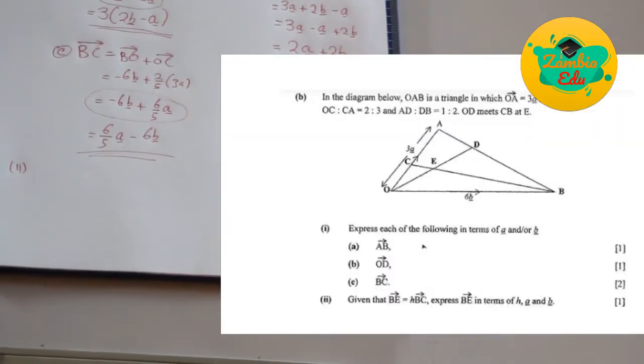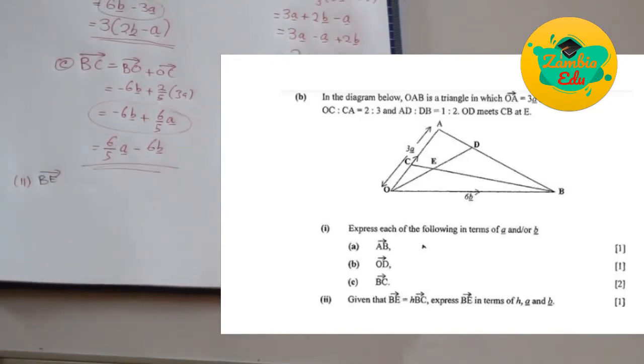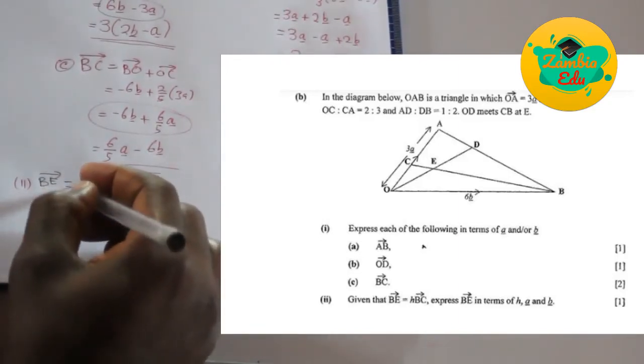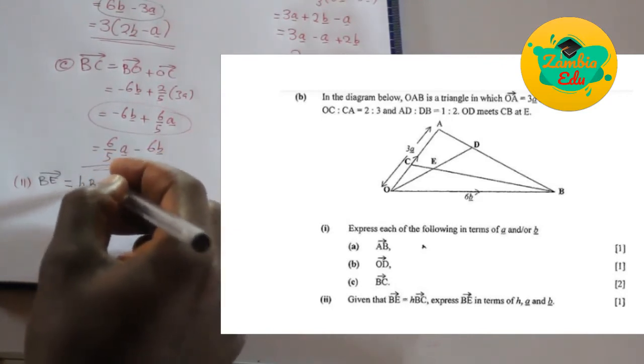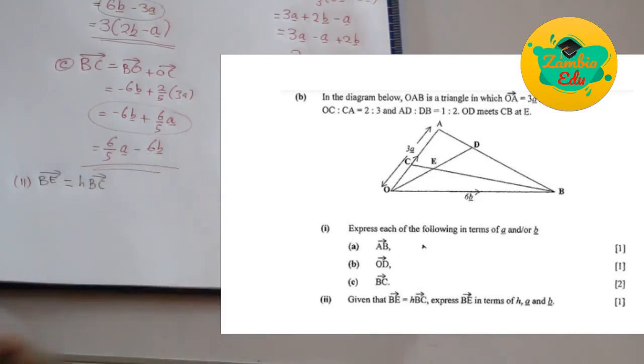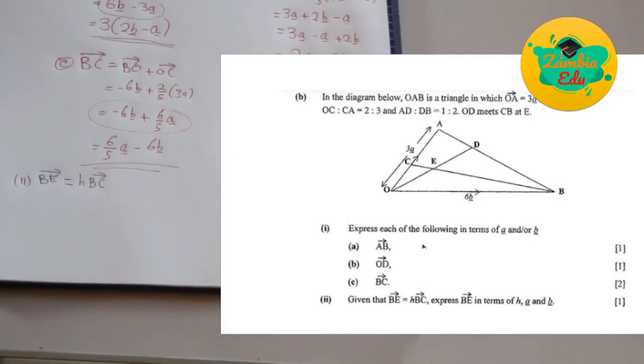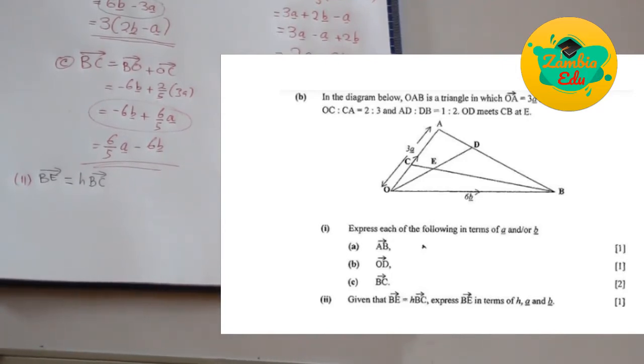Our part 2 says that given vector BE is equal to HBC, express BE in terms of H, A, and B. Express vector BE in terms of H, A, and B.